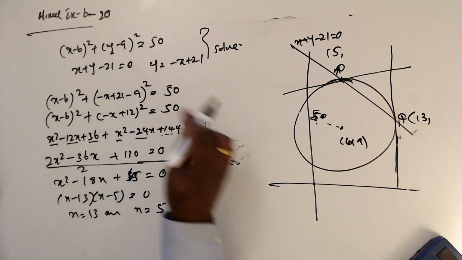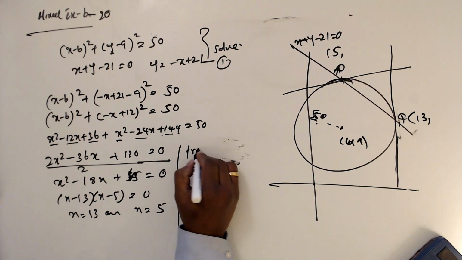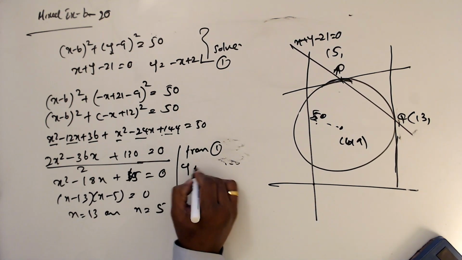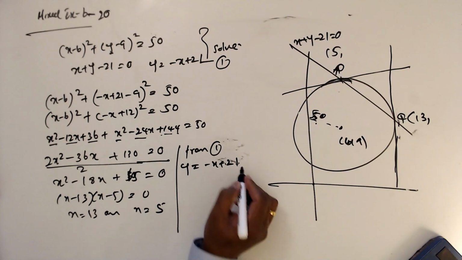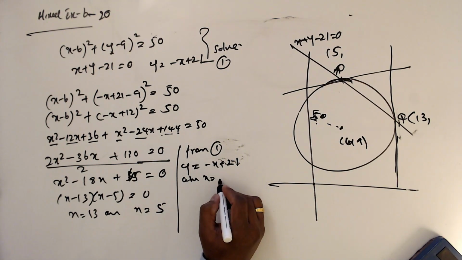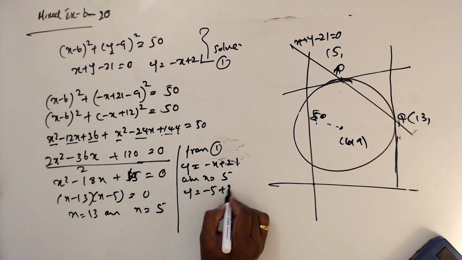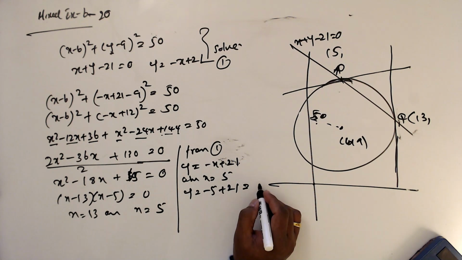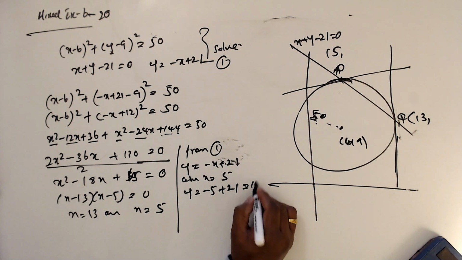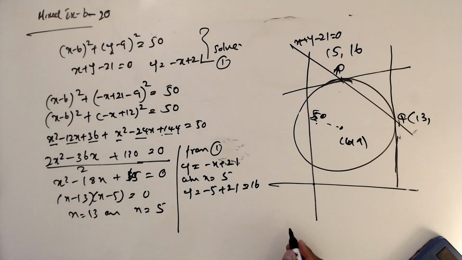And now from y equals minus x plus 21, when x equals 5, y equals minus 5 plus 21, which is 16. So this is (5, 16).